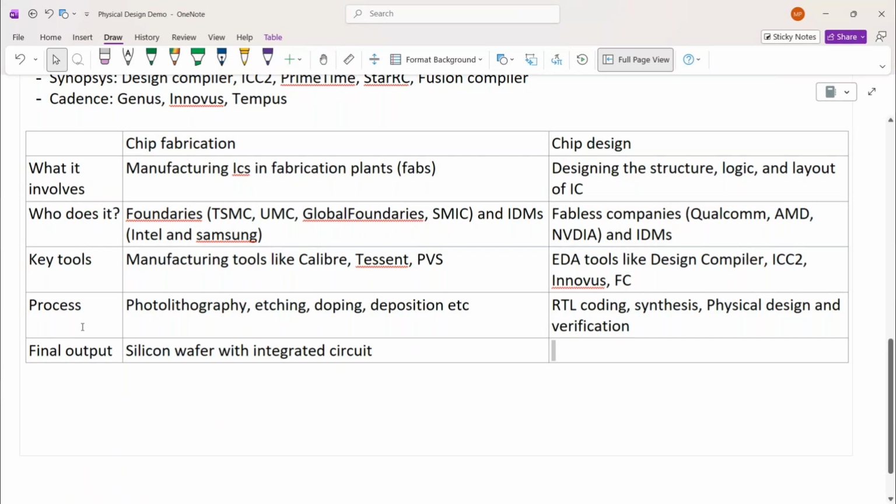From them, the files are going, right? After PNR and all the sign off processes, after the verification, we create the GDS2 file. It's called the GDS2 layout file. GDS2 layout files are sent to foundries for fabrication.